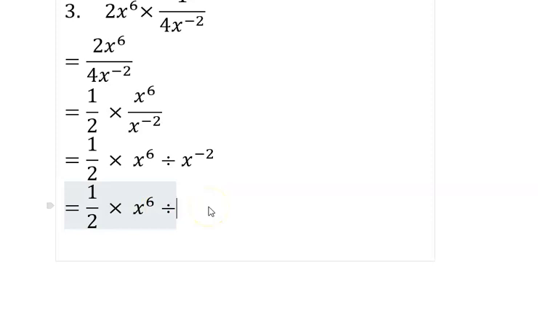Because they are the same base, we just take one. Now let's subtract the power. 6 minus, don't forget to have a minus there before. 6 minus minus 2.